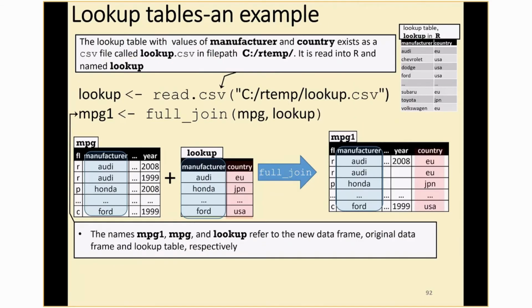In terms of the particular code, I'm going to use the read CSV function to create this data frame called lookup. How is this data frame created? Well, I go into the C drive and the RTemp folder, and in there I'll find an Excel spreadsheet with the CSV extension that's going to have the 15 different manufacturers and the associated country of the head office.